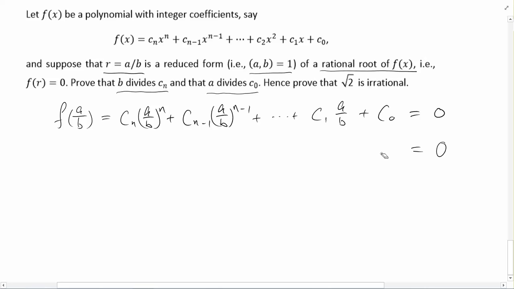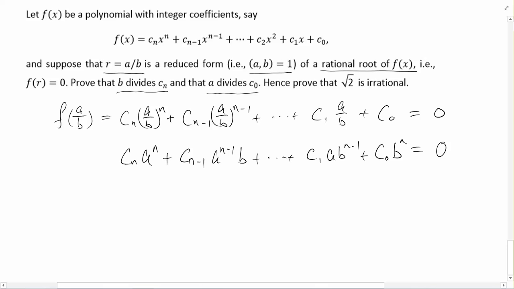If you multiply b to the power n to the first term, Cn times (a/b) to the power n, you have Cn times a to the power n, plus the second term, Cn minus 1 times a to the power n minus 1 times b. Up to the second last term, which is C1 times a times b to the power n minus 1. And the last term is C naught times b to the power n.